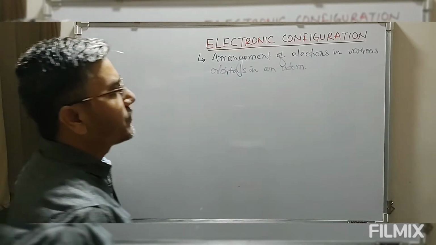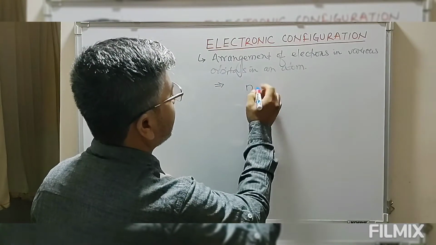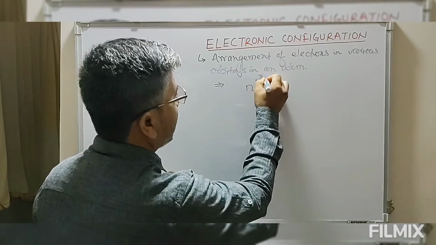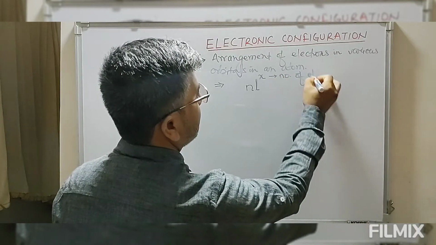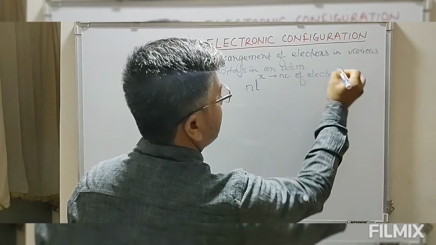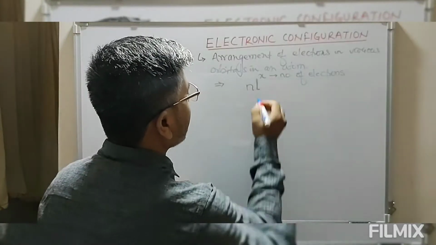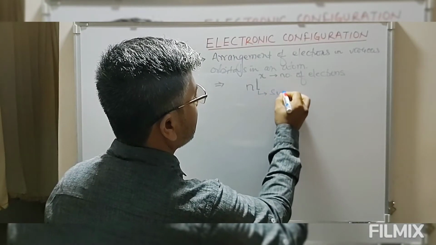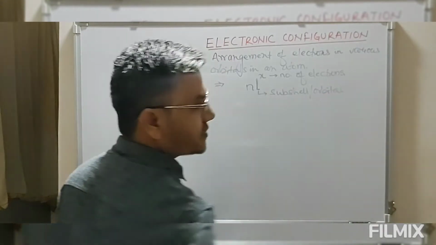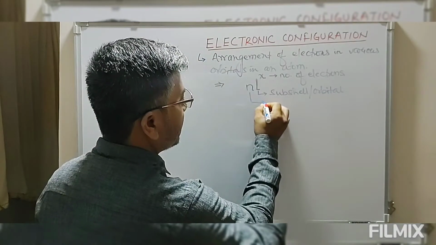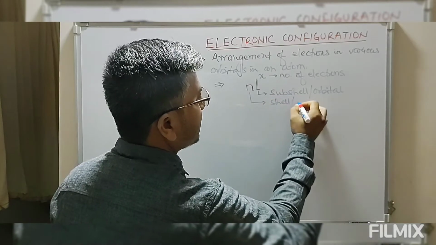Now while writing electronic configuration, this electronic configuration is written in this way: n l x, where this x represents the number of electrons that is being placed in a given orbital. l represents the subshell or the orbital in which the electron is placed, and this small n represents the principal quantum number.